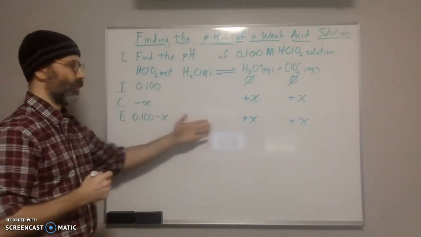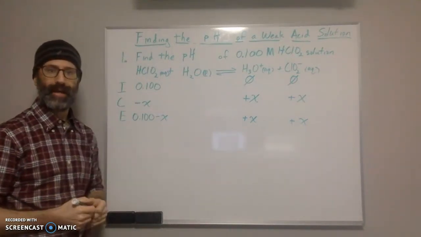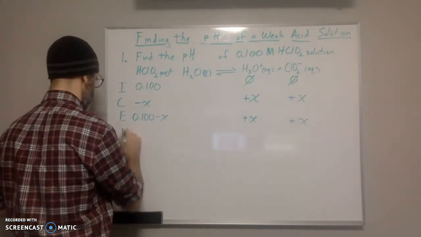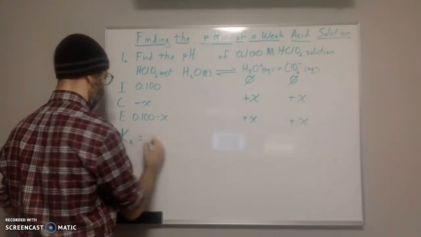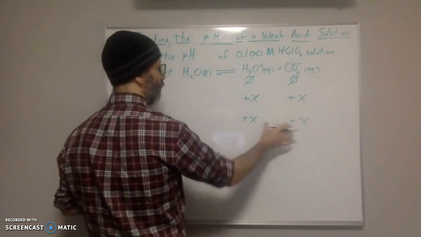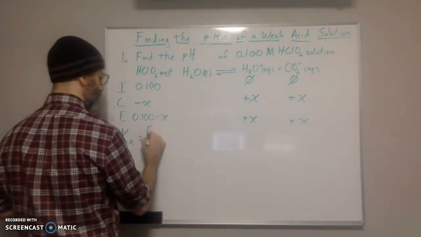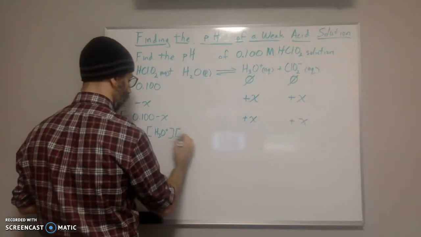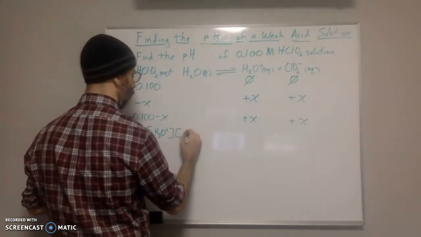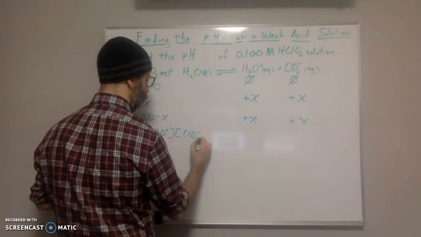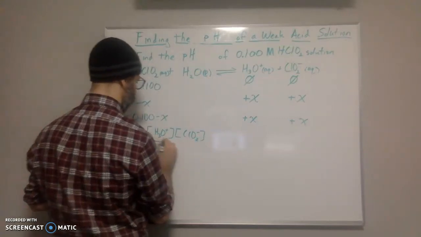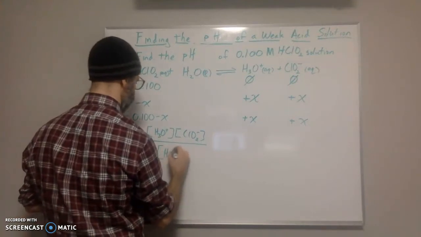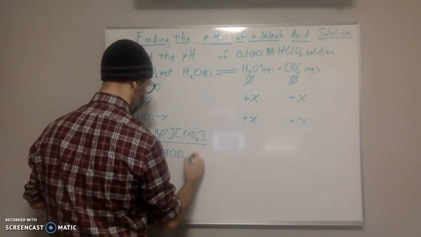So now that I have my equilibrium expressions, I can plug that into the Ka expression. Ka is going to be equal to the concentrations of the products, the concentration of H3O plus times the concentration of ClO2 minus, over the concentration of the acid, HClO2.